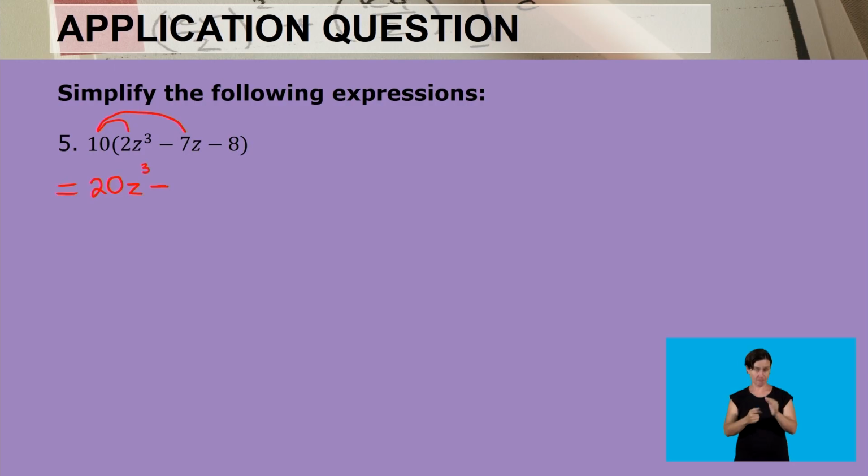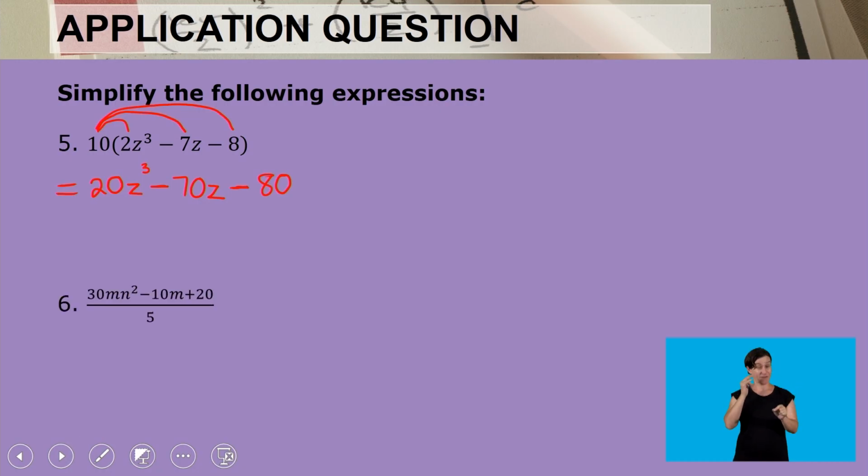Then 10 multiplied by a 7, that is a 70, and that variable z will remain the same. Again, we are subtracting. Then 10 multiplied by 8, that is going to be an 80. When we look at our final simplification, we must make sure that there are no like terms. That's how we know that we are finished.